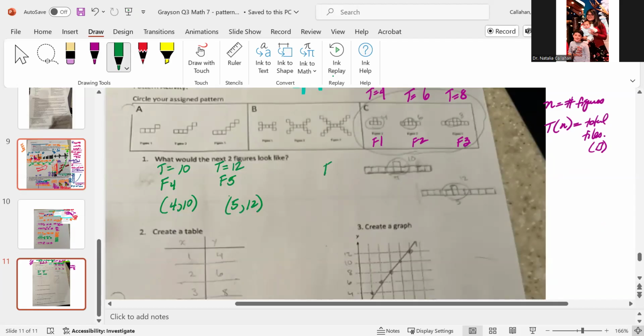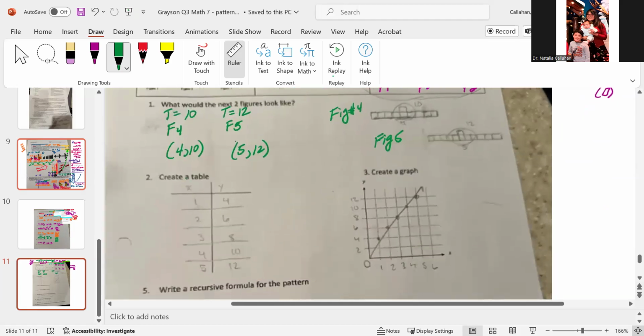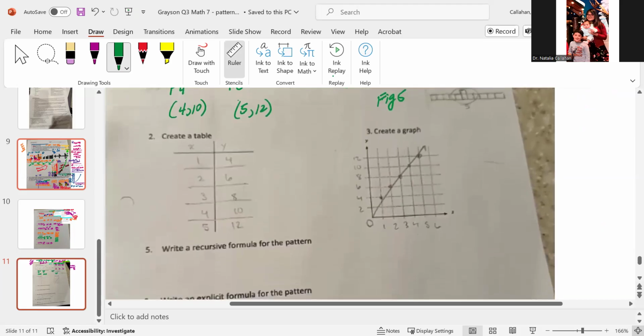And make sure you label this as figure number 4. Can we label it properly, please? You know, she's a stickler, so let's just go ahead and label it properly. Figure number 5. Okay? Yeah. Now we create table 1, 4, 2, 6, 3, 8.